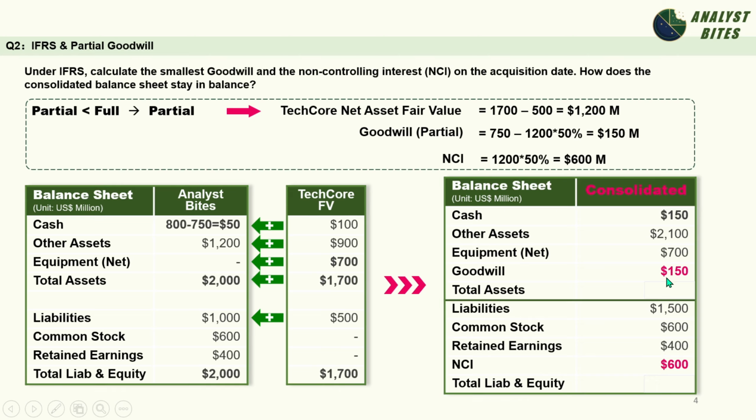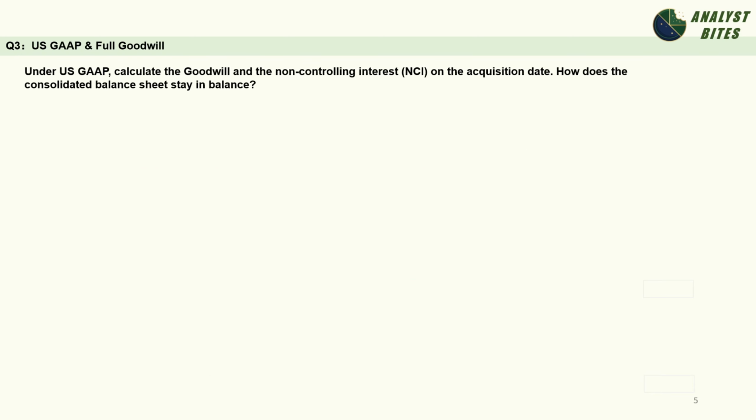We plug in our calculated 150 million of goodwill and 600 million of NCI. You will see that both total assets and total liabilities plus equity stop precisely at 3,100 million. The accounting equation holds perfectly, and the question is solved.